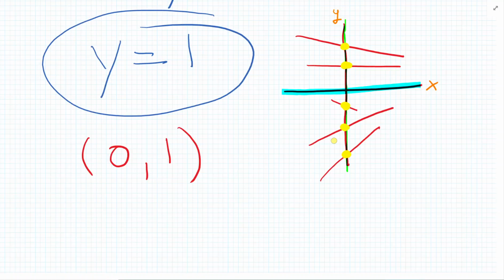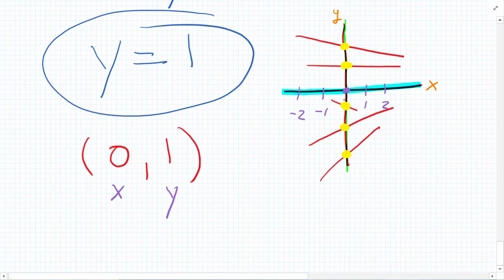So, when x is equal to 0, y is equal to 1. X is 0 at this point. X is not equal to 1, x is not equal to 2, it's not equal to negative 1, it's not equal to negative 2.